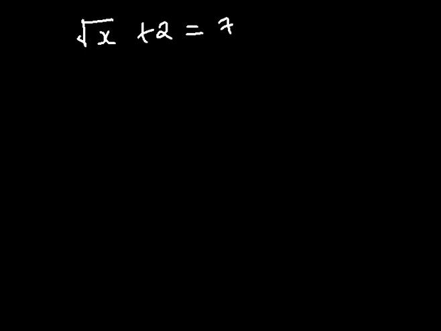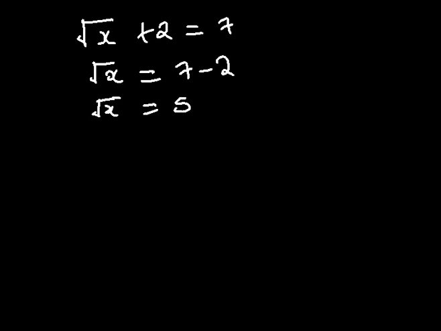So first, we should express the expression with the square root as the subject. In this case, we have the square root of x, which is equal to 7 minus 2. So the square root of x is equal to 5.